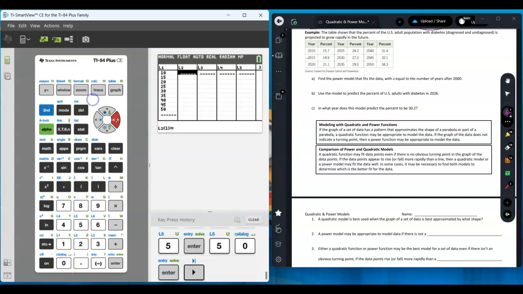And then in L2, I'm going to put in the percents that they've given me. I don't need to put in percent symbols. I'm just going to put them in just the way that they've given them to me in the table. And I'll just remember that these represent percents.